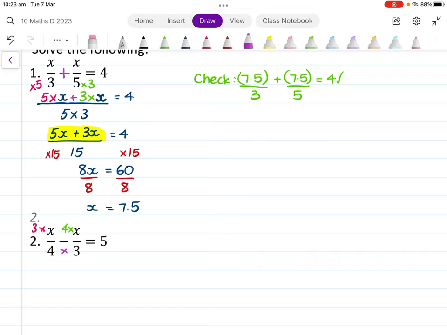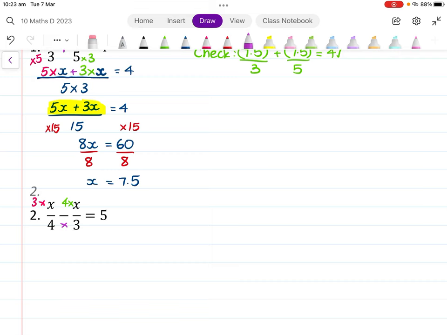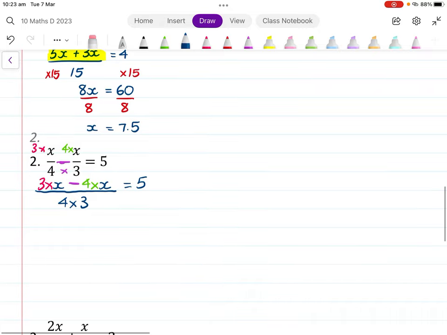And remember, we multiply our denominators together. So what this is going to look like is 3 times our x. Then we copy our minus sign down, and then we have our 4 times our x all over our denominators multiplied together of 4 times 3, equals 5.